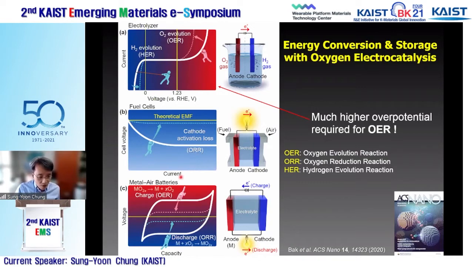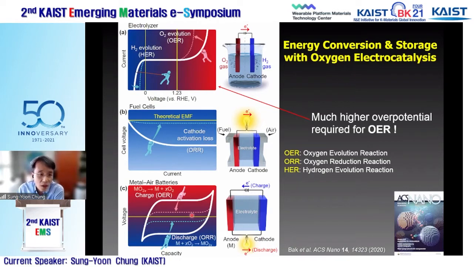And the third case, as you may have seen in the previous presentation by Jun Lu from Argonne National Lab, is the metal-air battery, where we need charge and discharge. To increase the round trip efficiency, we need a catalyst at the anode and cathode to reduce the charging and discharging overpotential.